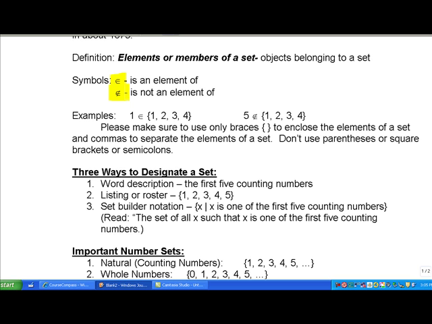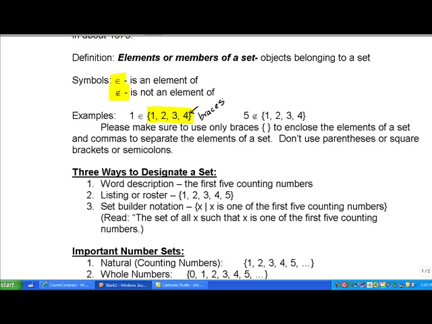So for example, and you'll notice that when we write sets, we use what are called braces. Those are used to enclose the elements of the set.